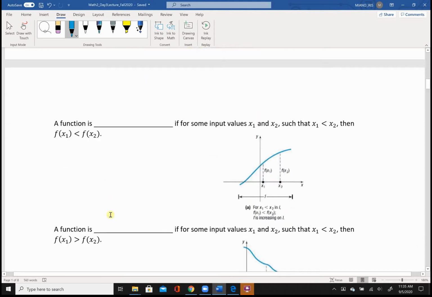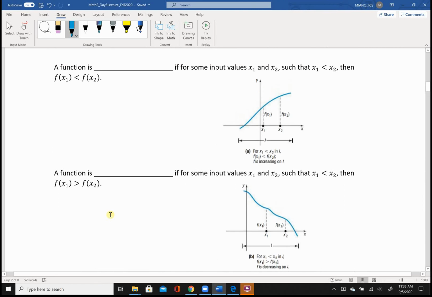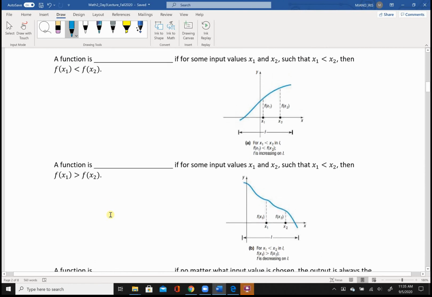Moving on to other visual representations of functions. They can be increasing, decreasing, or constant for the entire function or on specific intervals. In this first figure, part A, by the way, I got these figures from your book. The other figures previously I just lifted off the internet.